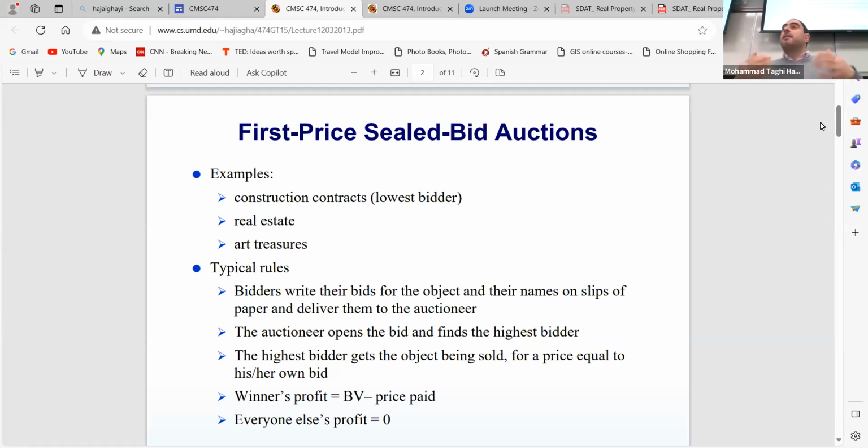Either this is a first price auction, where the winner always, these are called efficient auctions, the winner always would be the person who has the highest bid. We try to give it to the highest bid, and we hope that that is the highest valuation person. But the issue is how much that person pays. If he or she pays his or her own bid, then it would be first price.